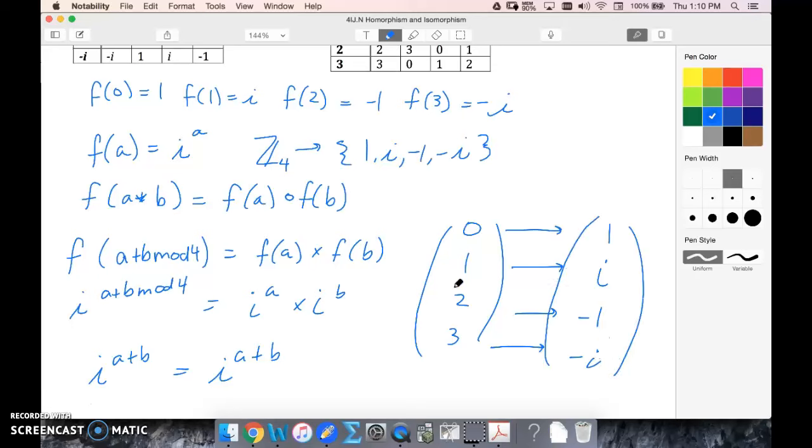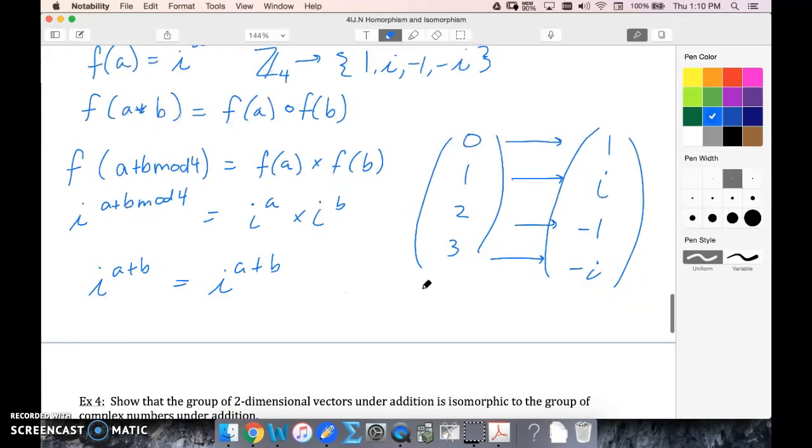So it's also a bijection. So we have shown everything we need to show for an isomorphism.